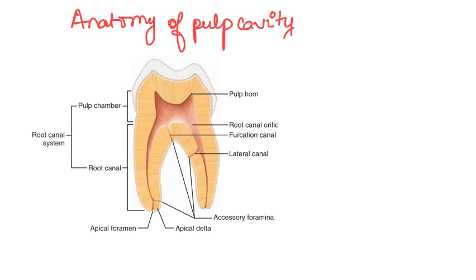These are called lateral canals or furcation canals, depending upon where they are present in the root portion. Understood? All these will again exit the root through a foramen called an accessory foramen. So what is this apical delta? You can see there is a triangular portion. You all know what a delta is, right? Delta is nothing but a triangular portion formed between your main canal and your accessory canal. This is the common basic knowledge about your pulp cavity anatomy.